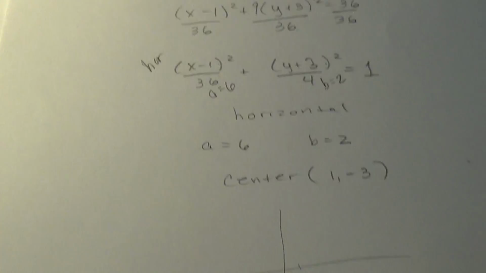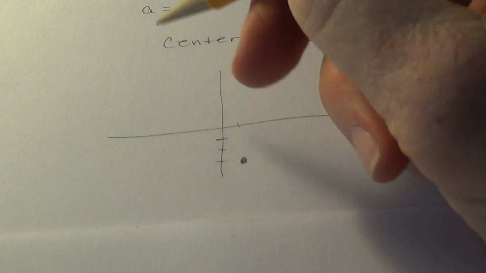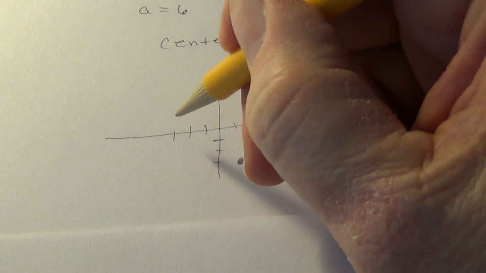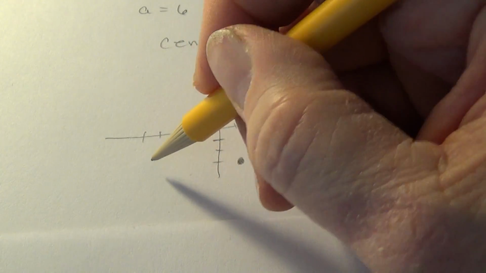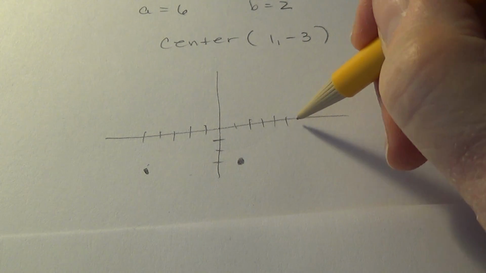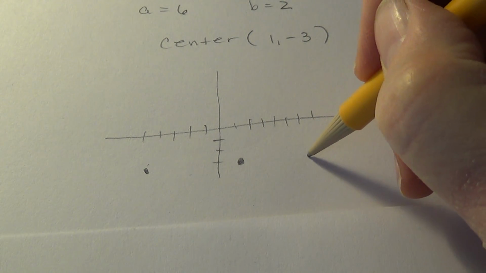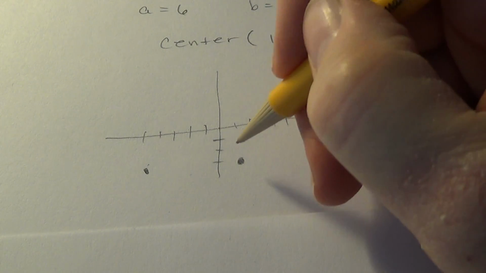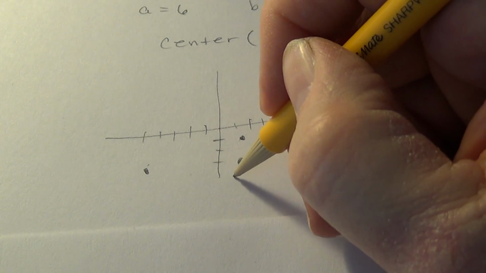Since this is horizontal, we're going to go left and right. We're going to go to the left 6, 1, 2, 3, 4, 5, 6, somewhere about right there. To the right 6, 1, 2, 3, 4, 5, 6, about right there. And we're going to go up and down the b, which was 2, up 2, down 2.